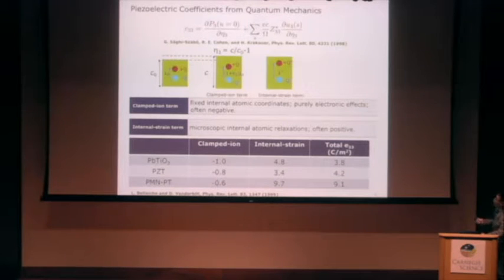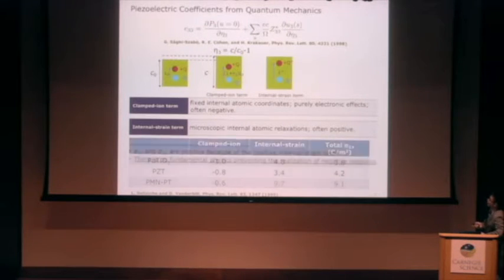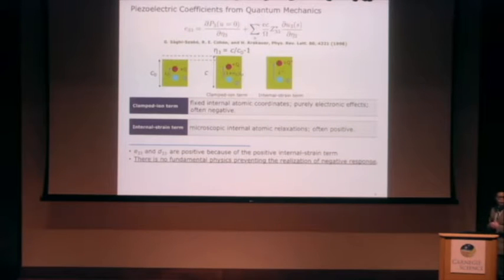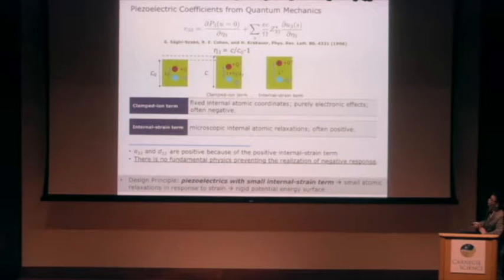But I think from this table we can see that fundamentally there's no physics preventing the realization of a negative response, and this equation actually tells us a very general design principle: that is to find piezoelectric materials with a small internal strain term.